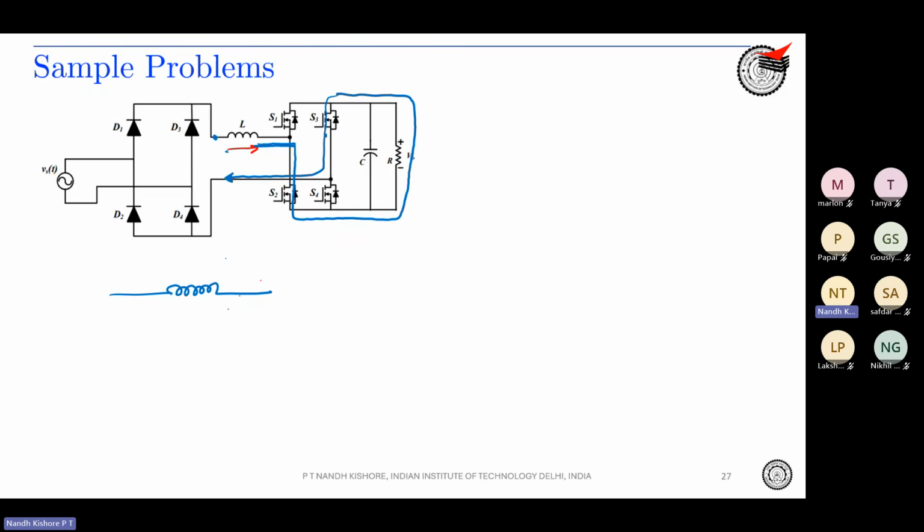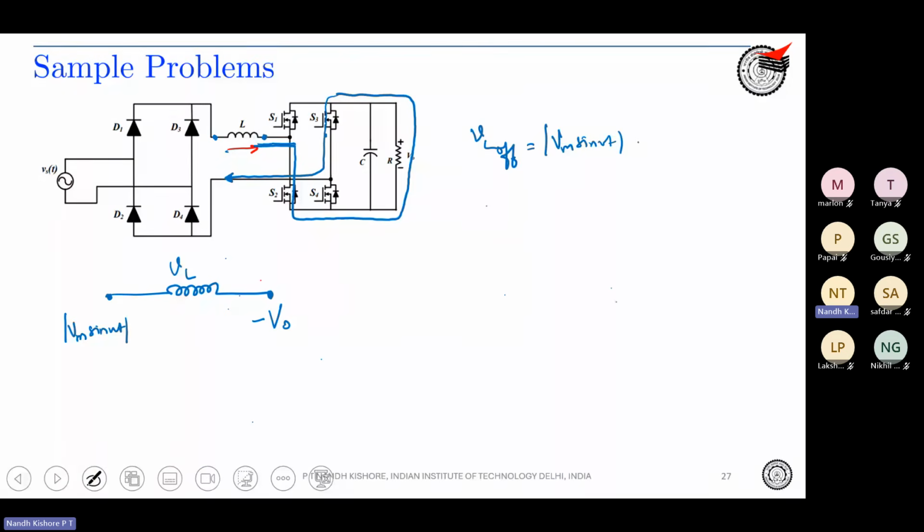So what is the voltage? At the input side, we still have |Vm sin omega t|. But at the output side, the negative terminal is getting connected to minus V0. So what is VL now? VL during the off period is going to be |Vm sin omega t| minus of minus V0.